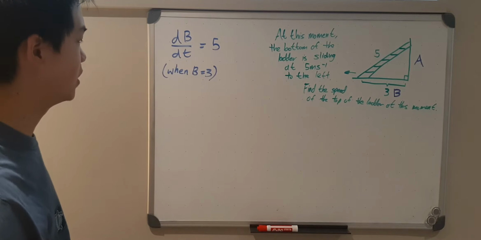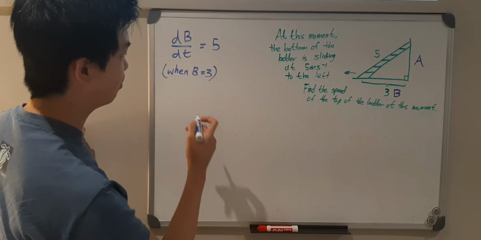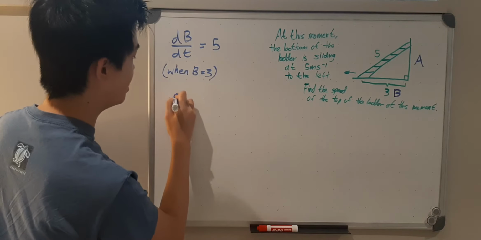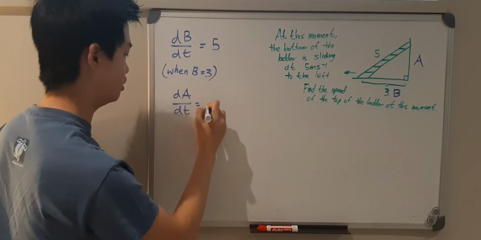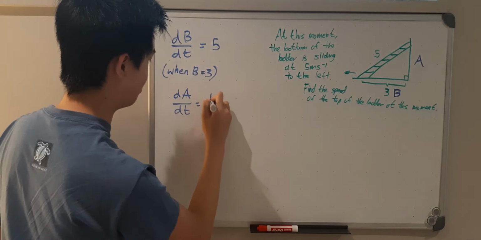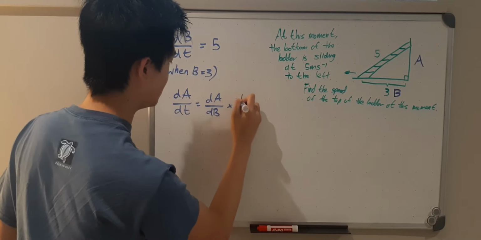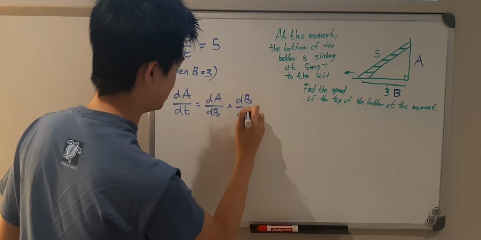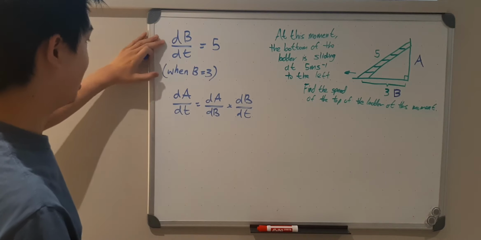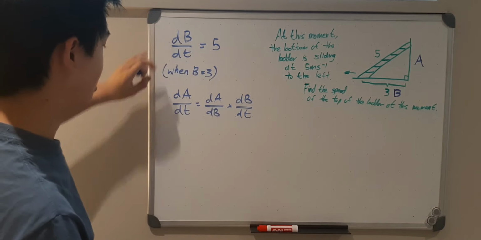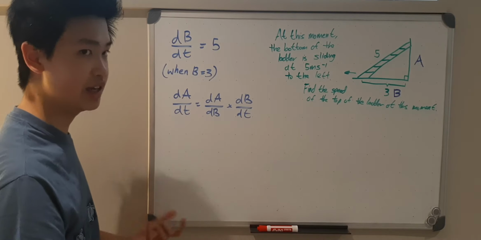Okay, so now we have to find dA over dt, and we know that's equal to dA over dB times dB over dt, because these dBs cancel out, so that's how we solve. Okay, so we already have this piece of information right here. Let's try to find dA over dB.